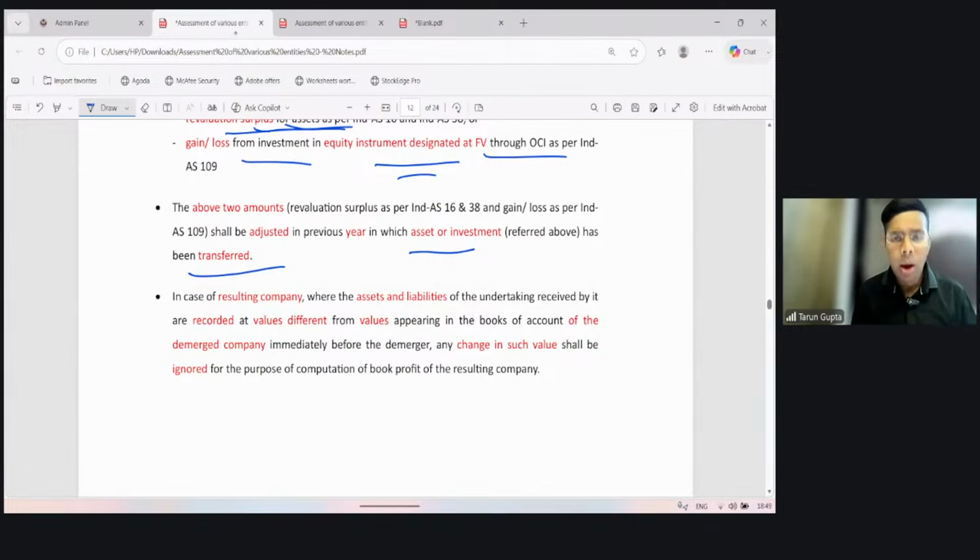Okay. Now, in case of a demerger, the resulting company, where the assets and liabilities of the undertaking received by it are recorded at a value different from the values appearing in the books of accounts of the demerged company immediately before the demerger, any change in such value shall be ignored for the purpose of computation of book profit of the resulting company.